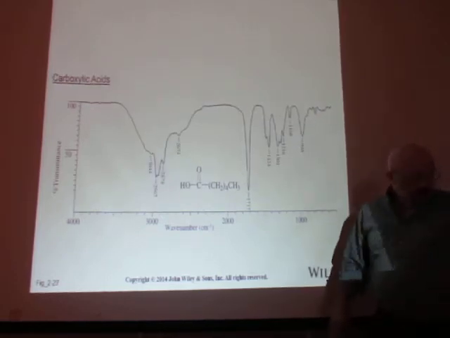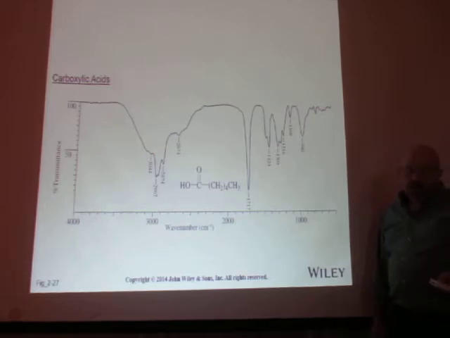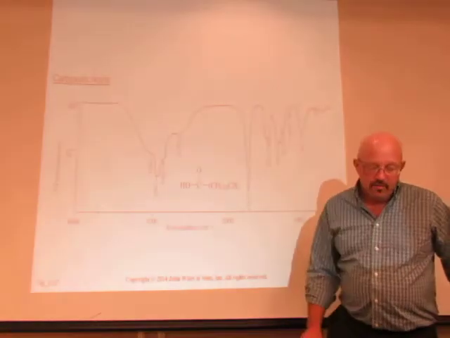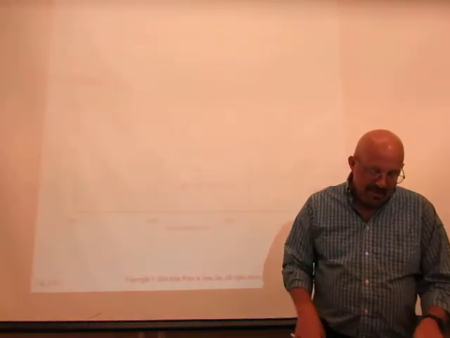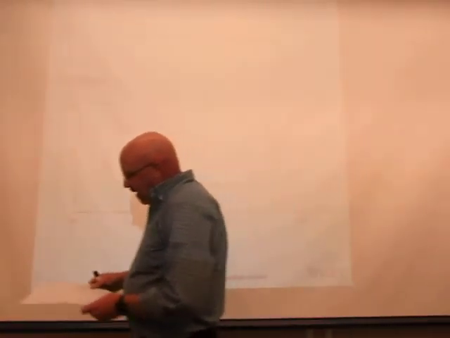We're next going to look at a carboxylic acid. And a carboxylic acid is extremely easy to identify. There is nothing that looks like a carboxylic acid. Carboxylic acid is going to have a carbonyl.